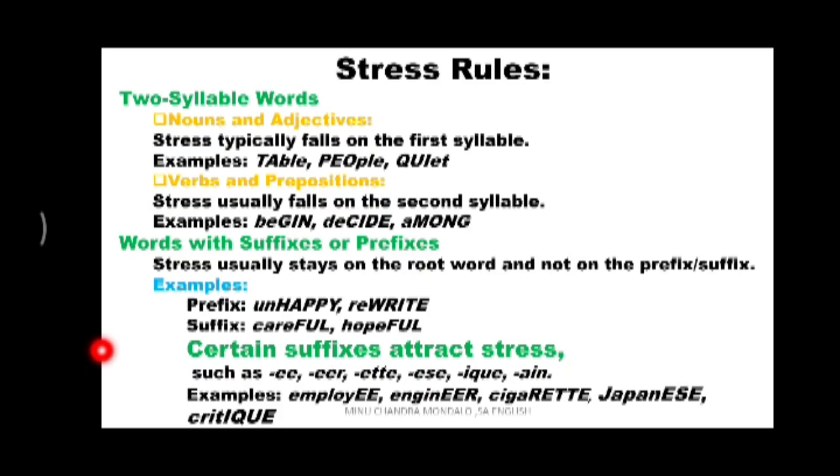Similarly, engineer. The word ends with EER, so EER will take the stress. Similarly, cigarette. This word ends with ETTE, therefore the stress will fall on it. Similarly, Japanese. In the case of Japanese, Japan is the root word, ESE is the suffix. As per the rule, for words which end with EE, EER, ETTE, ESE, IQUE or AIN, the stress will fall on these syllables.